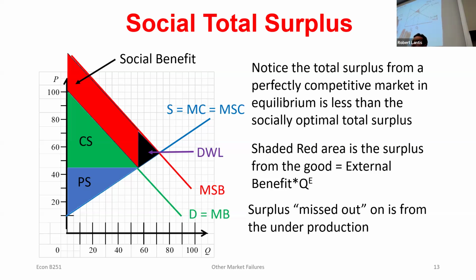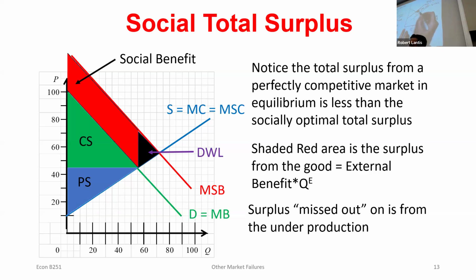So that would be negative surplus, or deadweight loss. What is the height of this triangle always represented? The difference between my supply curve and marginal social cost, that's just what? My external cost, or the negative externality value.